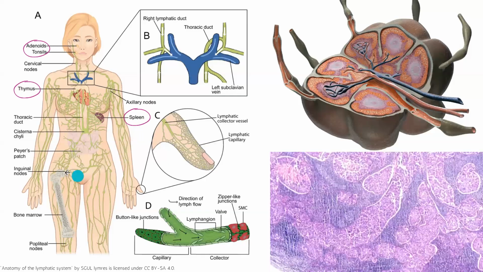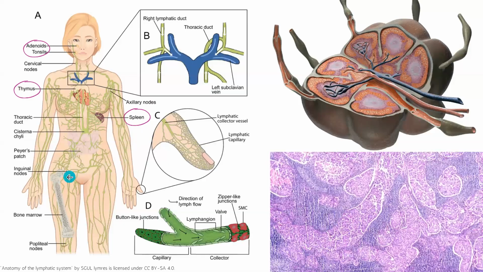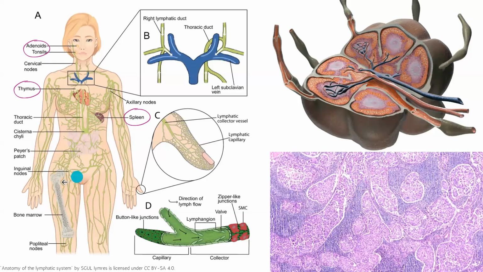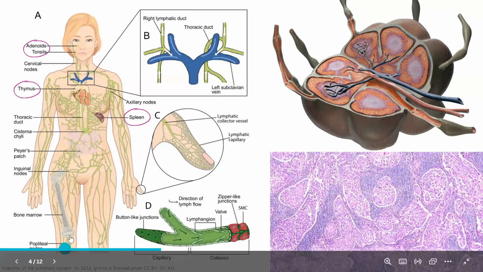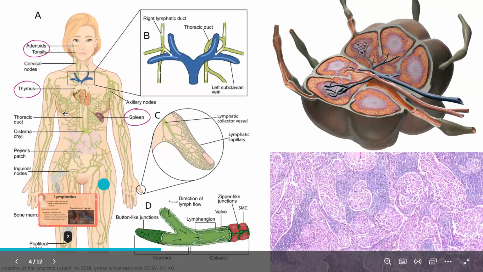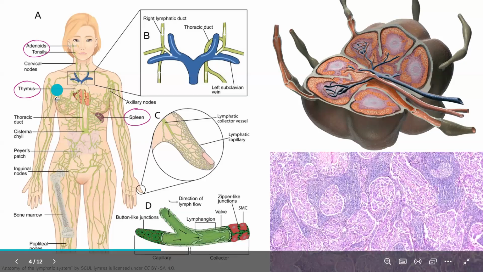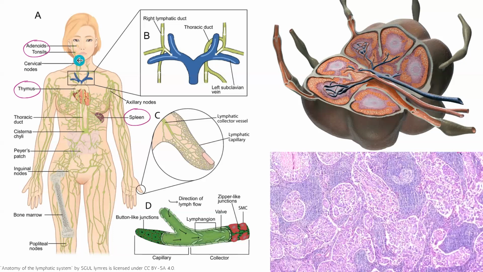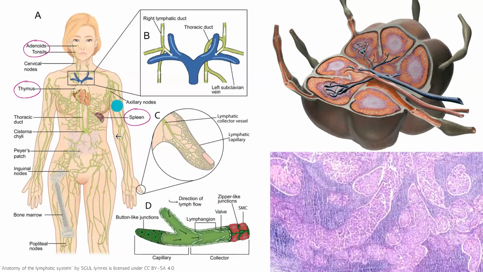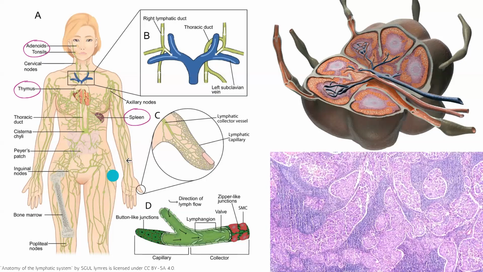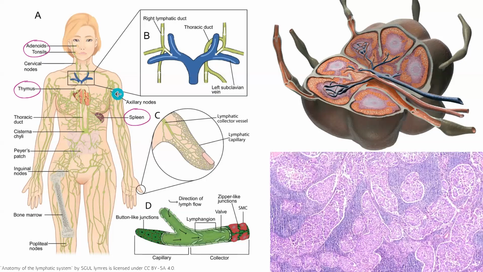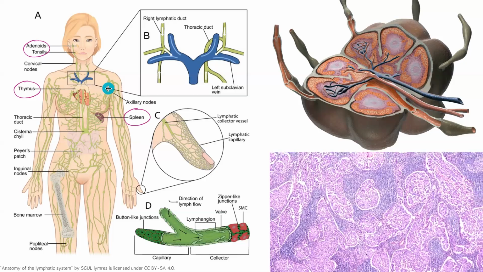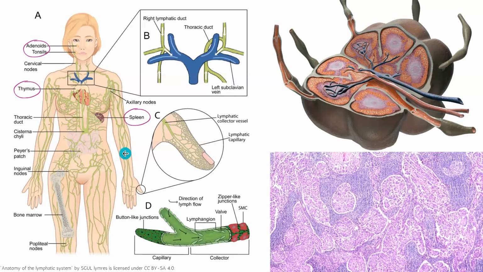So you'll see all these different regions have their own nodes. So they're not all labeled here, but you can see a few of them, like the inguinal nodes in the groin, the popliteal nodes in the posterior knee. You would have an axillary node in the armpit. You see our cervical node up here in the neck. So all over, we have these vessels spreading out, and we have these nodes that are going to contain white blood cells to defend and clean the blood.